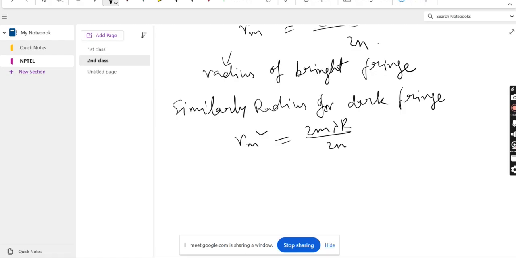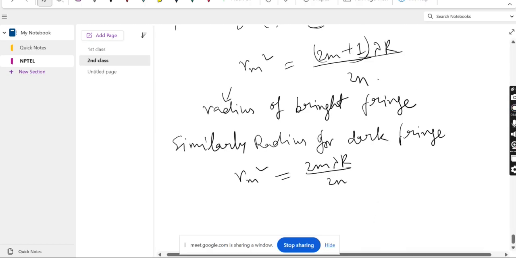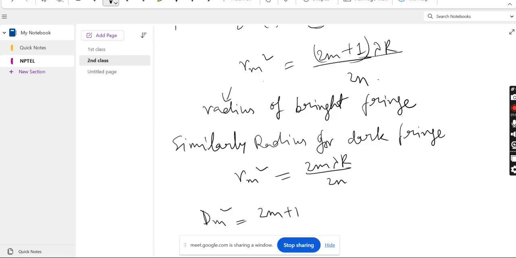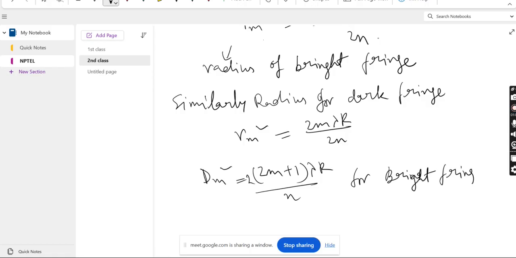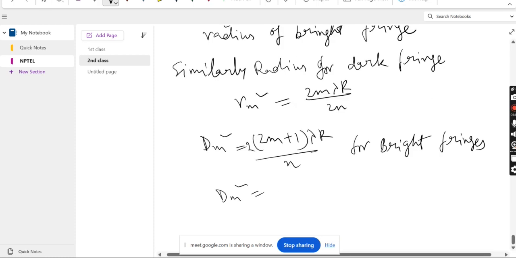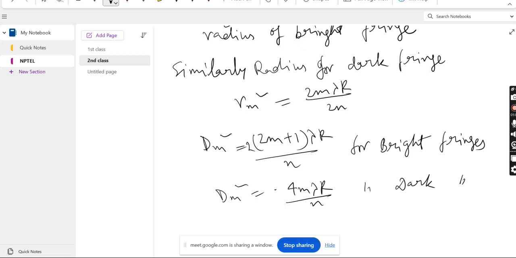So the diameters will be square root of 2(2n plus 1) lambda R for bright fringes, and for dark fringes it would be square root of 4n lambda R for dark fringes.